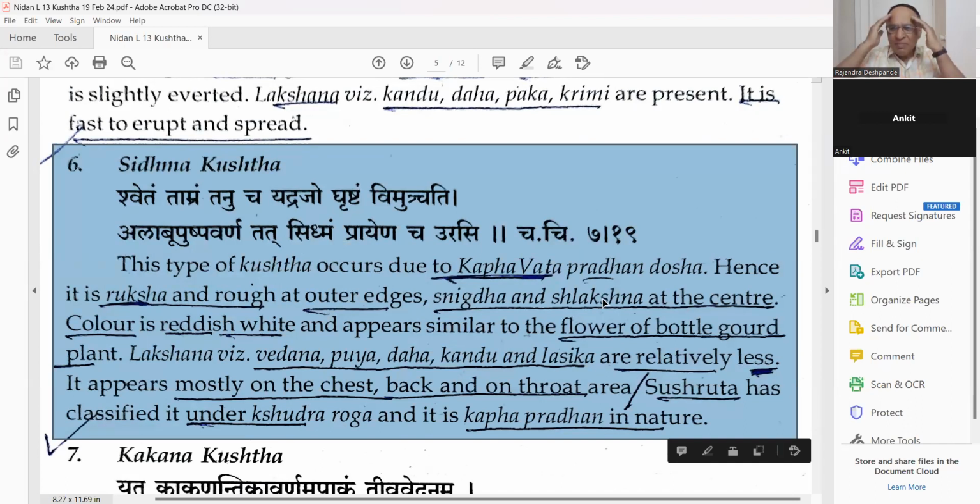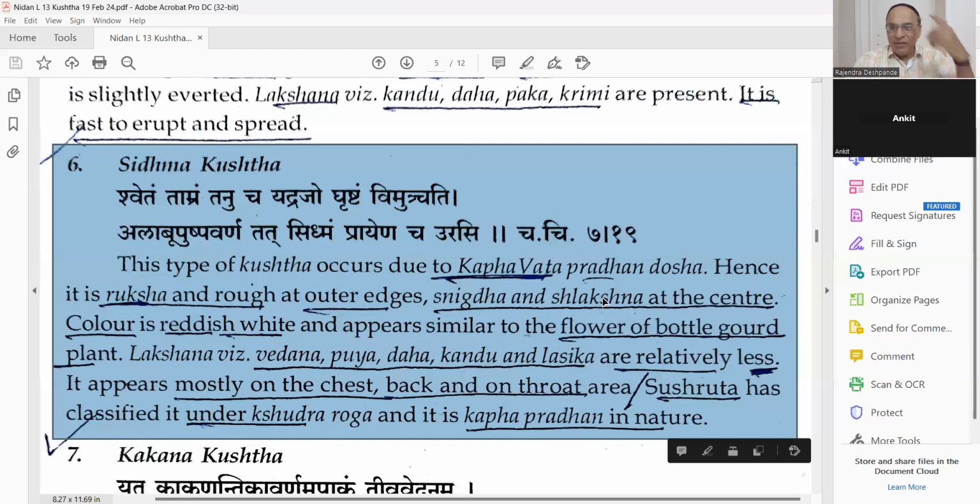Always remember the dosha, and accordingly you can write down the symptoms. No need to remember all the symptoms, you only have to remember the dosha pradhanya in each type. Make a pair of the name of the disease, that is Kushtha, and write down the dosha in front. I have made this in this video at the last.